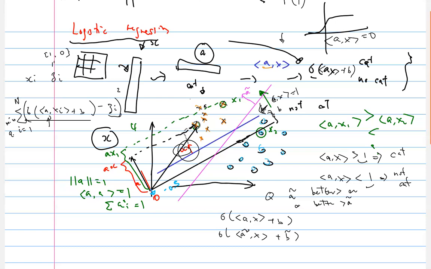For SVM, on the other hand, I'm not solving this, but instead I try to maximize the margin.